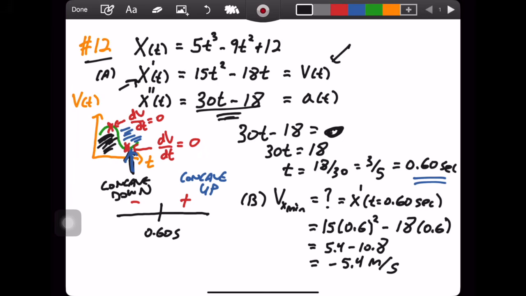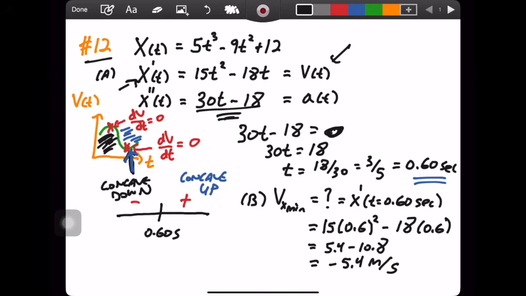So I knew that I had found a minima with the second derivative, which is the acceleration. I set the acceleration equal to 0, and then I did the second derivative test, looking just to the left and just to the right of that 0. I saw that the acceleration term was negative just to the left, positive just to the right, and so that tells me, since I'm going from negative to positive, that I am at a minima.